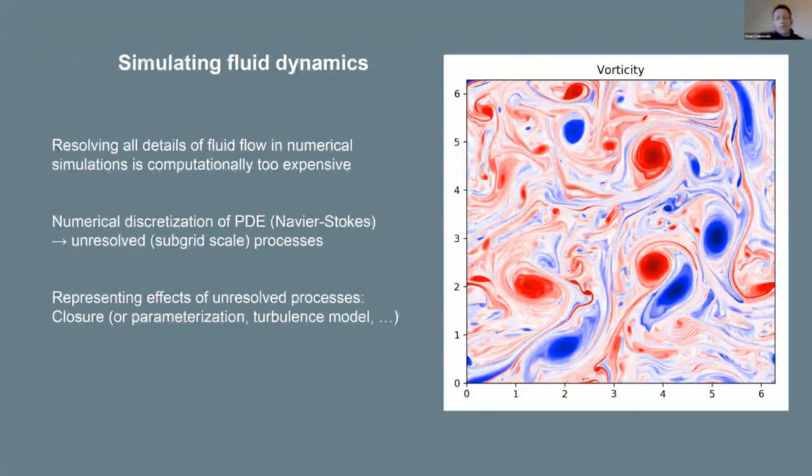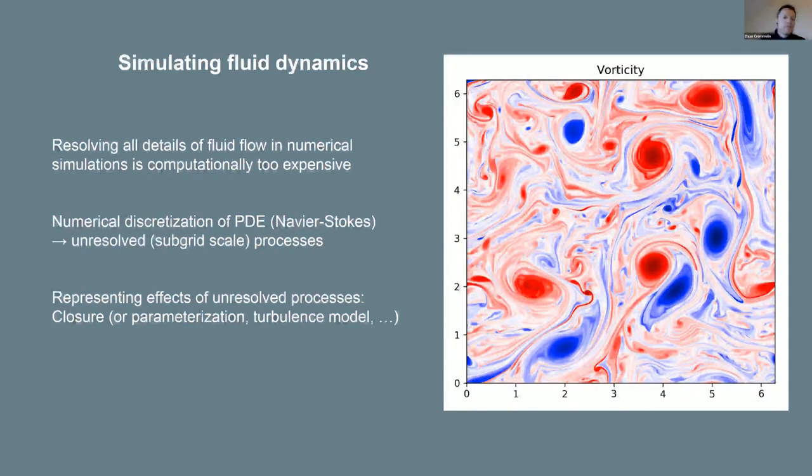So what needs to be done if you want to simulate fluid flow? You need to discretize the partial differential equation that describes fluid flow. That's the Navier-Stokes equation, or a special or filtered version of it. Once you discretize, it can be done by various methods from the toolbox of scientific computing.